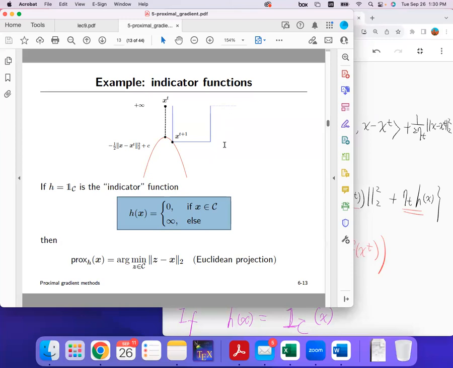So that's a non-differentiable, non-smooth function. And in this case, the proximal operator, as we have seen, becomes this one.